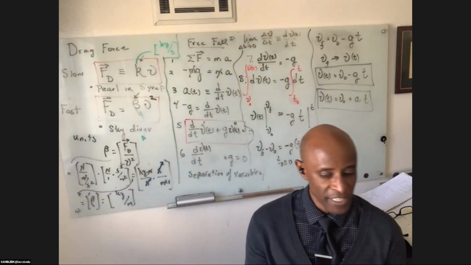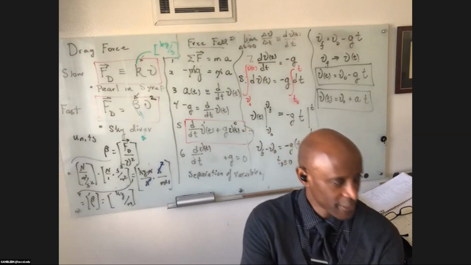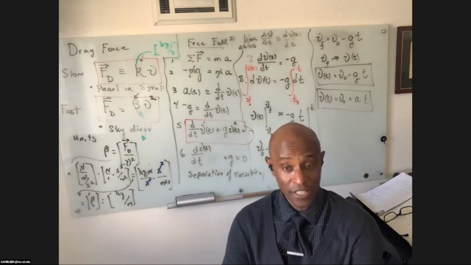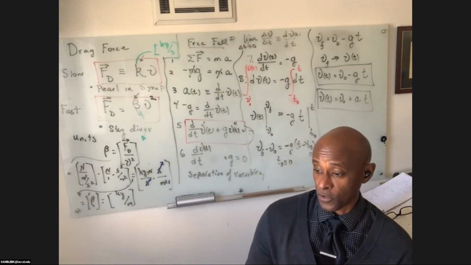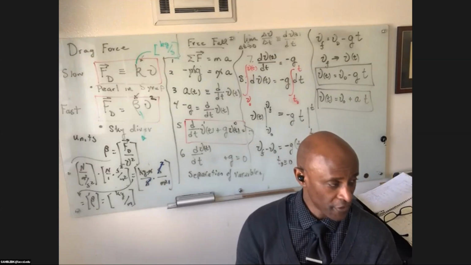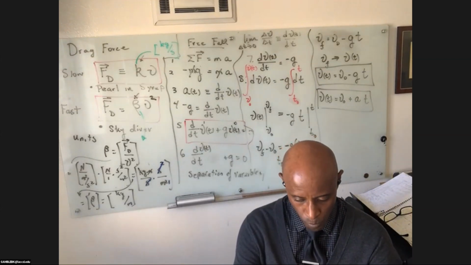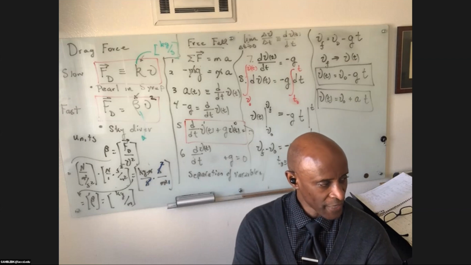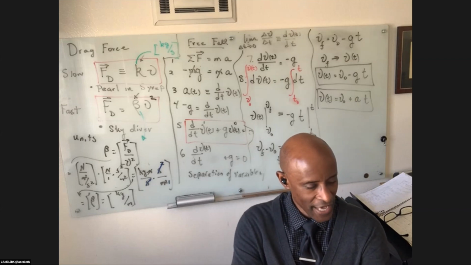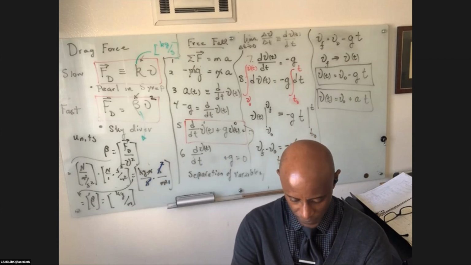How is that affecting the acceleration as compared to free fall motion, where the only force on the object is the force of gravity? Think about it, and then I want someone to raise their hand to give a shot at answering the question.